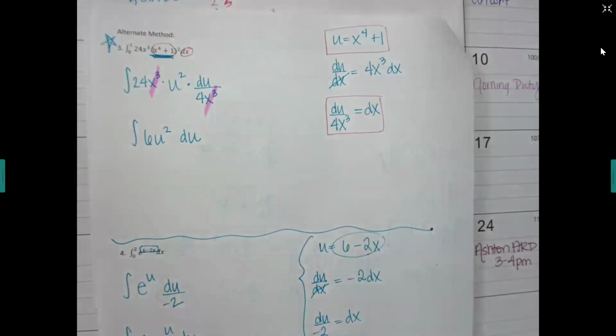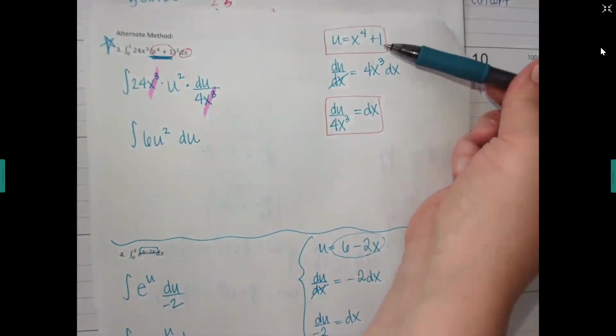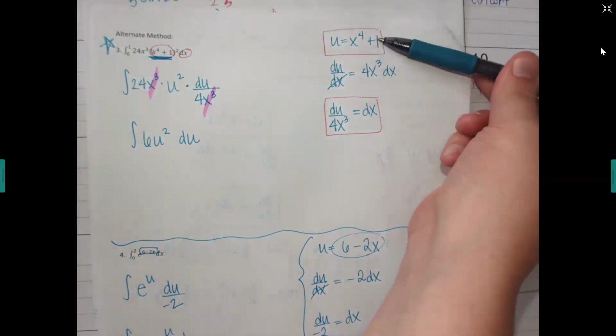Okay, at this point, what our method is going to be is that let's say that we never want to go back to x. We want this entire substitution to never have to go back to the x stuff.